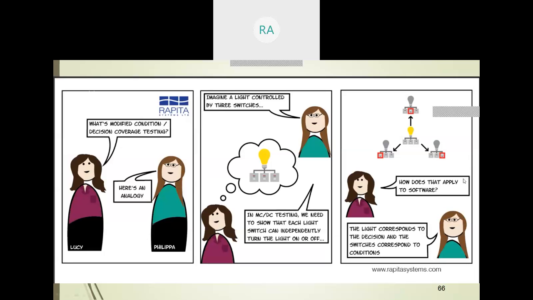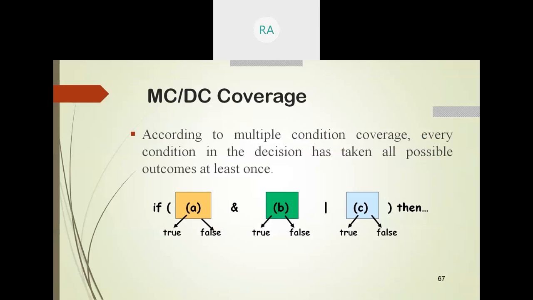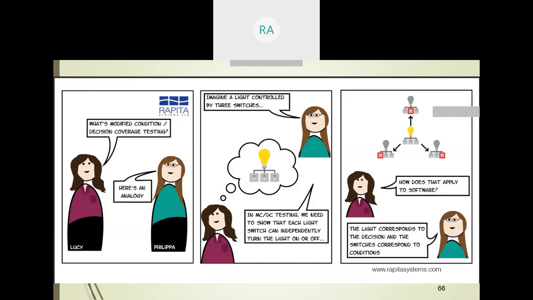Okay, how can I apply this analogy in software testing? The light is over here, and three switches are there. First, you consider the first switch and try to turn it on and off, and check whether the light is working fine or not, without considering the other two switches.